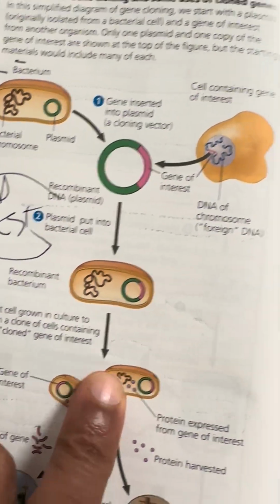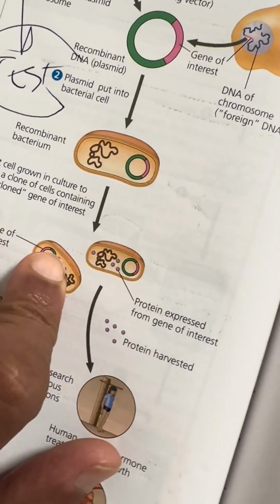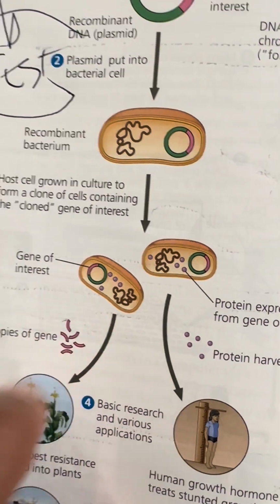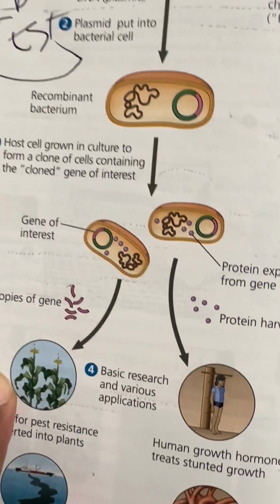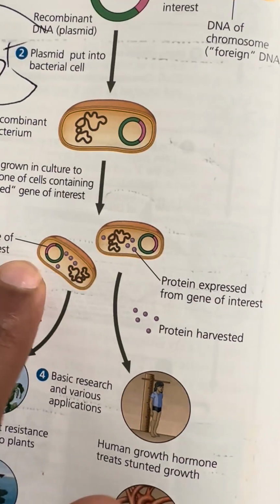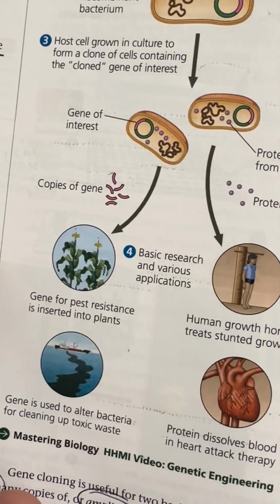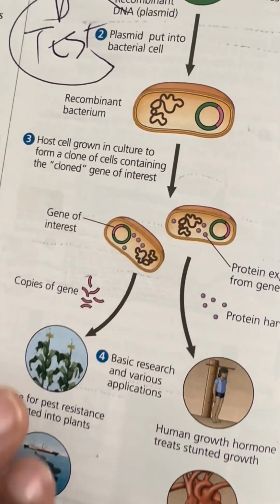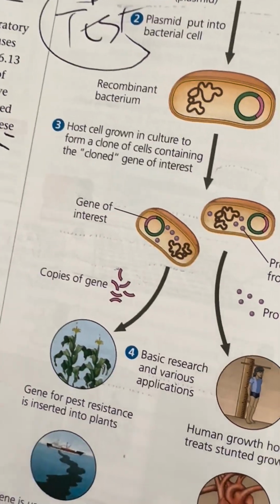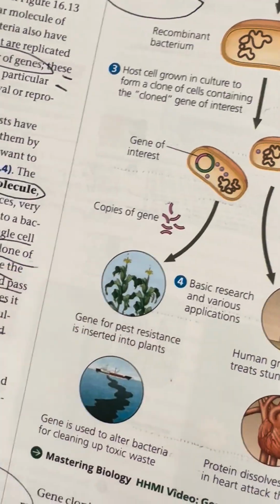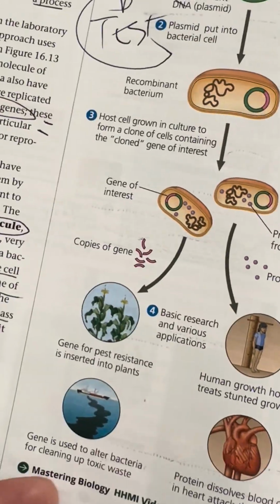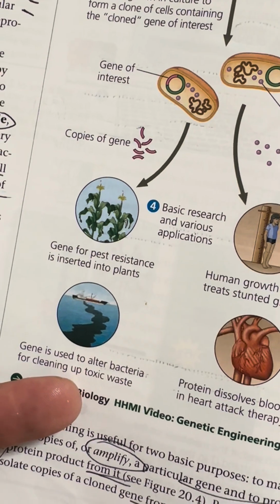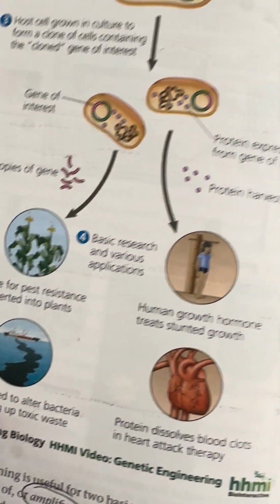Sometimes it doesn't work so well, but it seems to. Or you take a gene of interest and make tons of copies of the gene. So there are a couple of options. You could take the gene, make tons of copies, and then put those genes into, say, plants to make them resistant to certain bacteria, or you change the bacteria to do something else.